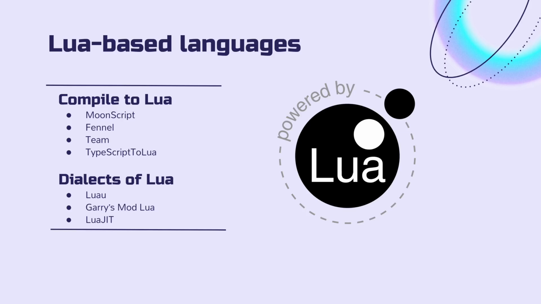The dialects of Lua, on the other hand, have to have their own interpreter. They're basically variants of Lua, where developers create their own custom interpreters as well as language changes. So it's kind of similar, except you can't use the same interpreter that Lua provides.